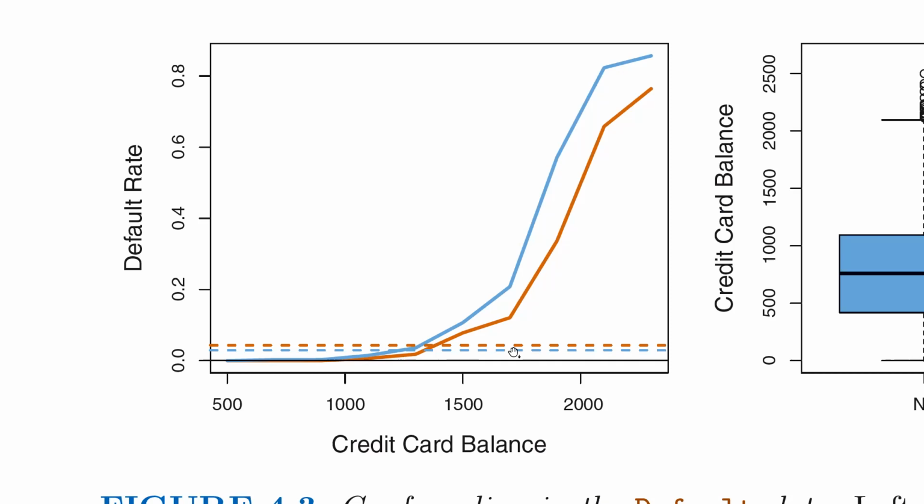That students default at higher rates than non-students, but that's overall. In fact, for a given balance, it's typically the case, in this situation it's actually always the case, that if you know the balance, so for example 1,500, it's more likely that the non-student defaults than the student.